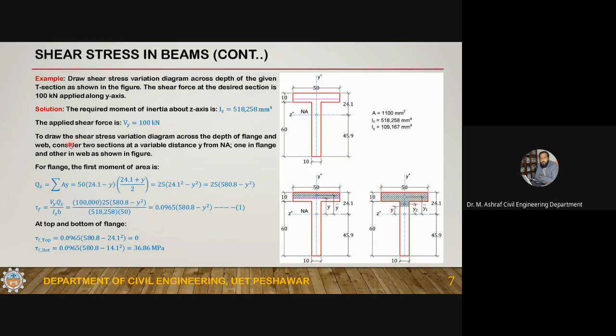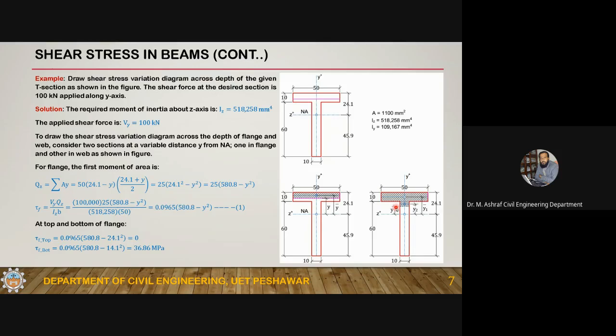To draw the shear stress variation diagram across the depth of the flange and web, consider two sections at variable distance y from the neutral axis, one in the flange and the other in the web, as shown in the figure. Here I've taken one section at a distance of y in the flange and another section at a distance of y in the web.